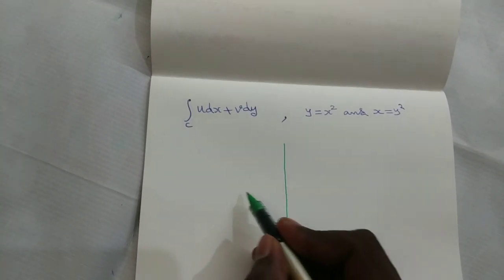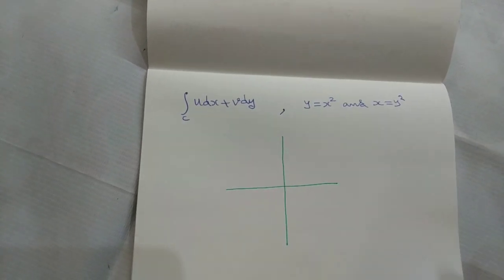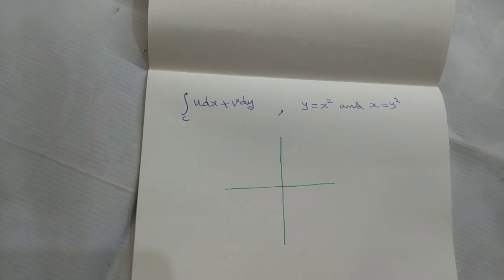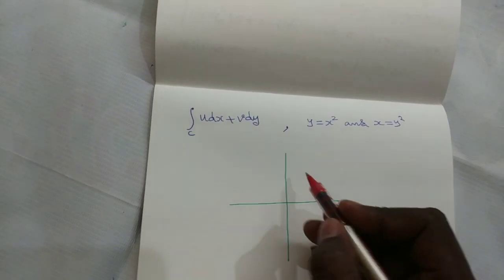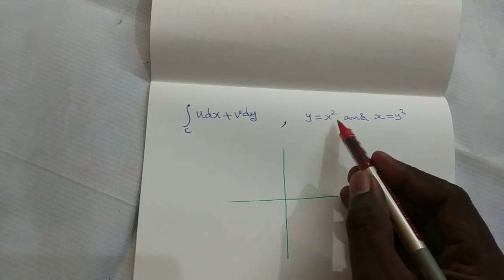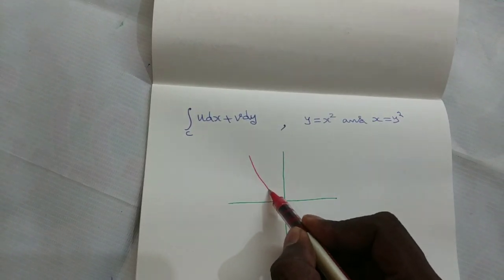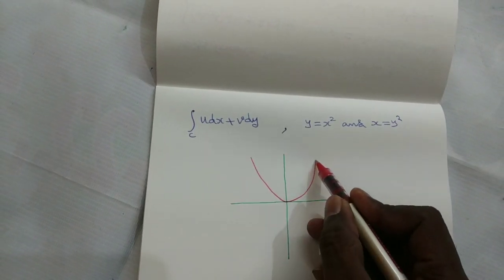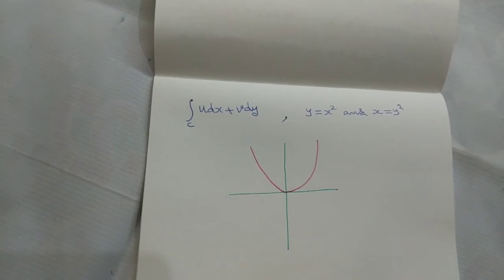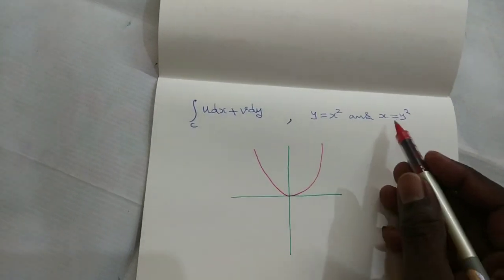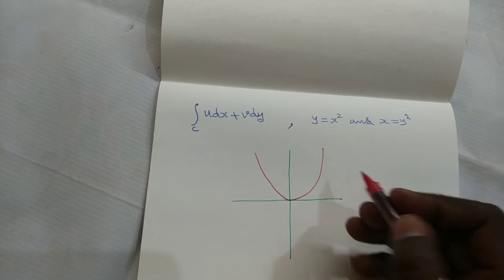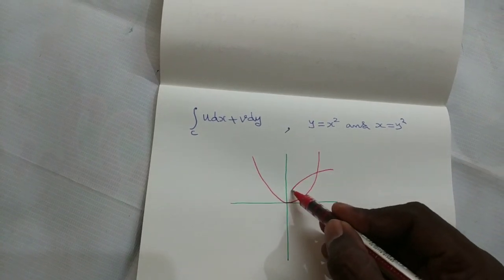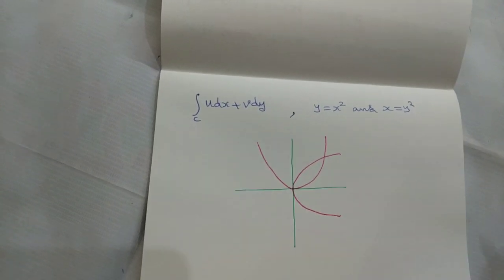Y axis, x axis. Here y = x² is the parabola opening in the upward direction like this. This is y = x², and x = y² is on the right-hand side.